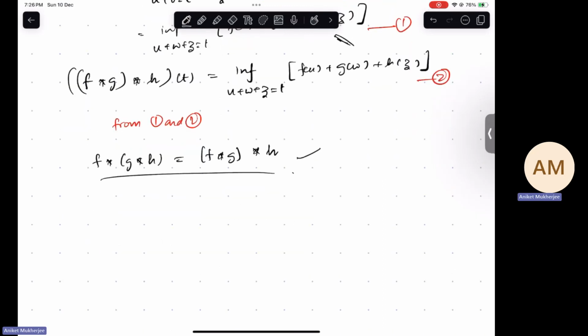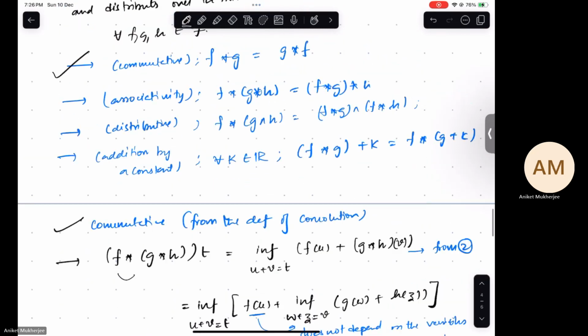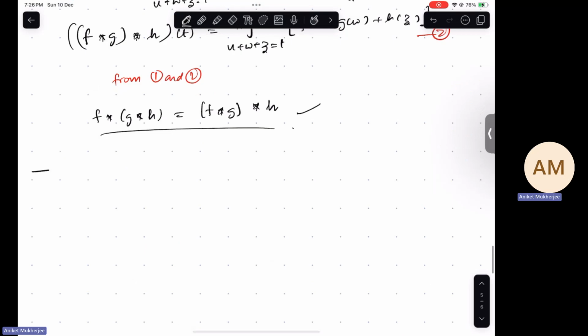Now you want to show distributivity over minimum. The second one is also done. Now we want to show distributivity over minimum. So what we want to show is f convolution the minimum of g and h at t.